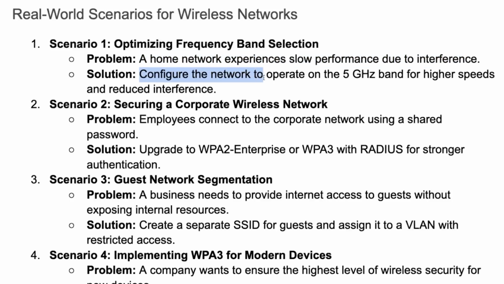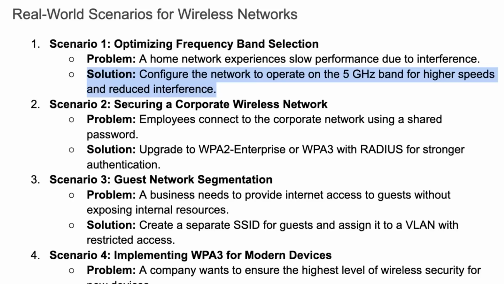The solution would be to configure the network to operate on the 5 gigahertz band for higher speeds and reduced interference, and leave all of their smart appliances on the 2.4 gigahertz band, because the 2.4 gigahertz band usually has a maximum of 3 non-overlapping channels per region, which is insane, and there's a lot of interference from a variety of other devices.